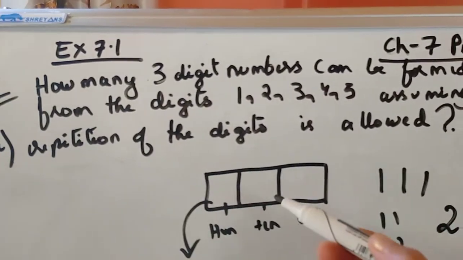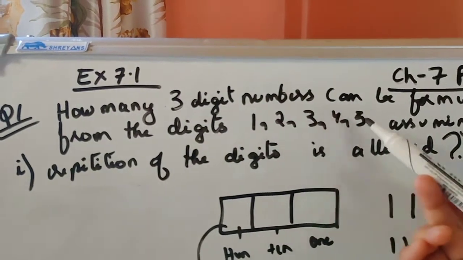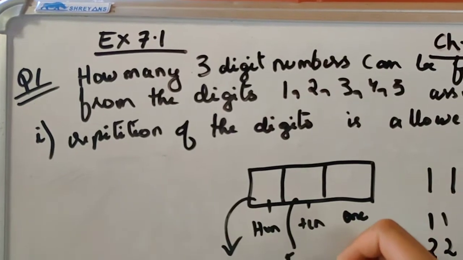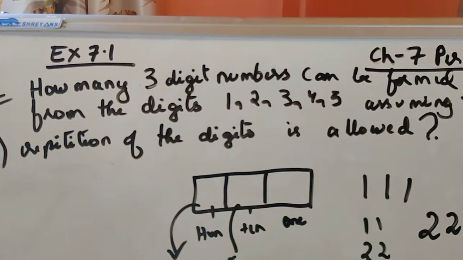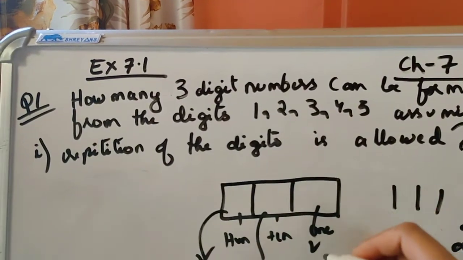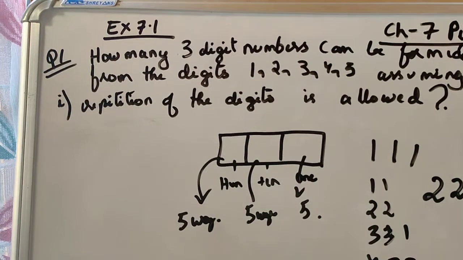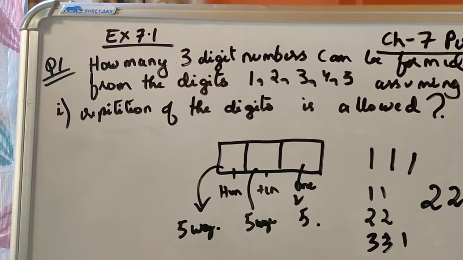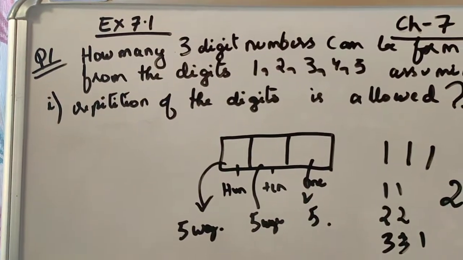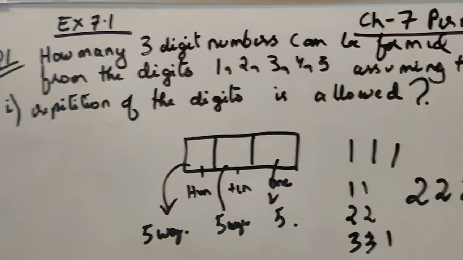That means in the 10's place also I will be left with 5 options. Any number I can use. So here also I will have 5 ways. And in the 1's place also, similarly, repetition of digits is allowed, so here also I will have 5 options. That is 1, 2, 3, 4, 5. Any number I can fill. So for the total number of 3-digit numbers, by the principle of counting, we will multiply these numbers.